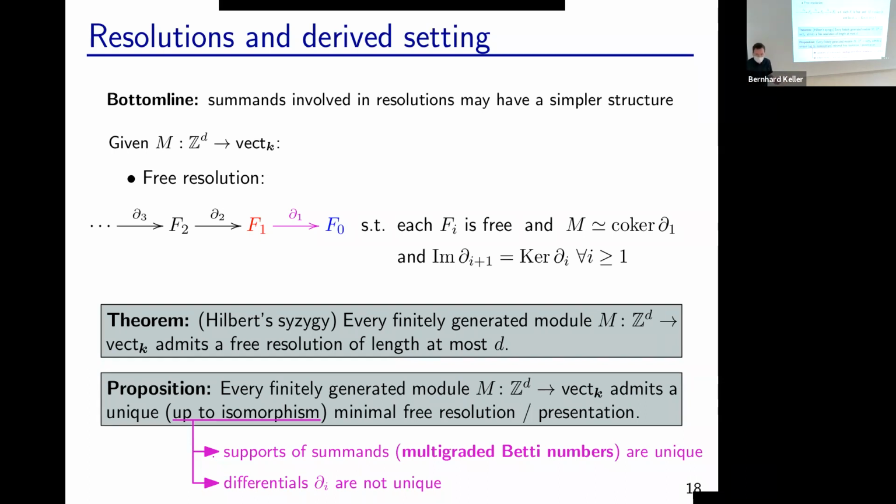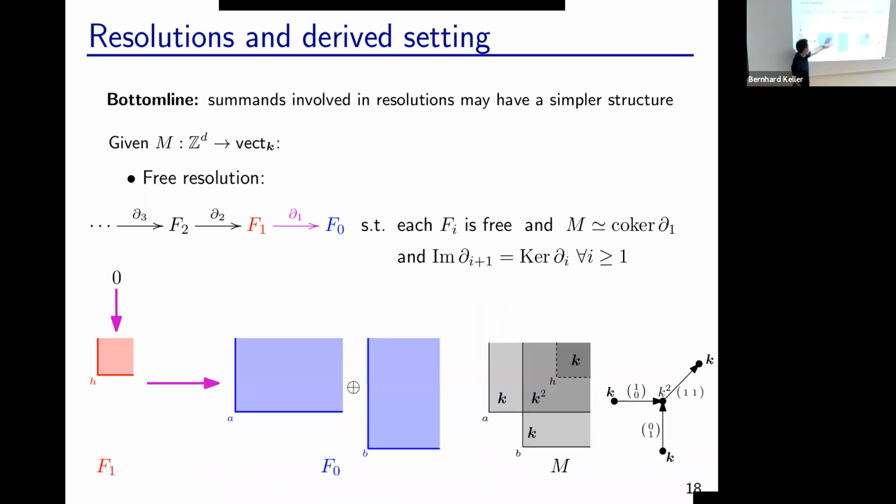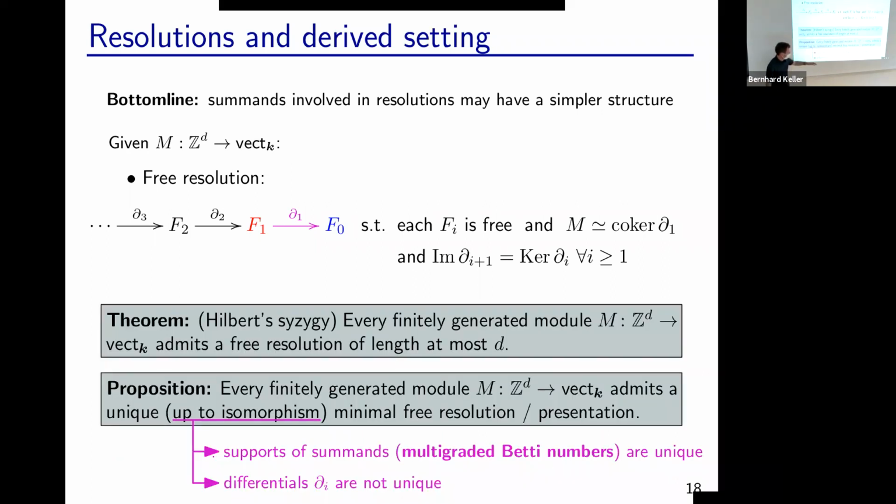So what we're left with is that we can keep the summands in each degree, and this is what we call the multigraded Betti numbers, basically. And these are going to be unique, so we can use that as an invariant. It's not a complete invariant, but it's an invariant. That's something that people have been doing for applications.